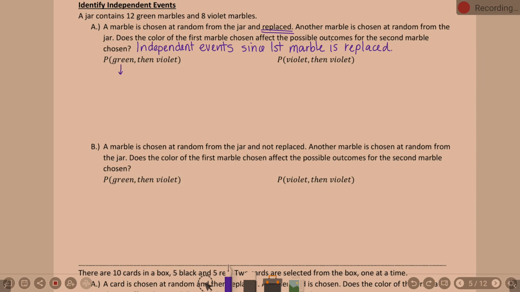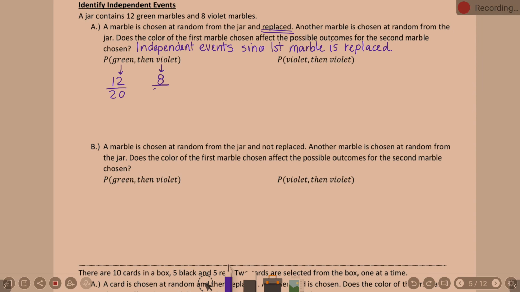Because, do some basic math, how many total marbles are there? So 12 out of 20. Then the probability of drawing a violet marble. 8 out of 20, yes? Because you put that first marble back in, so we still have all 20 marbles, don't we?